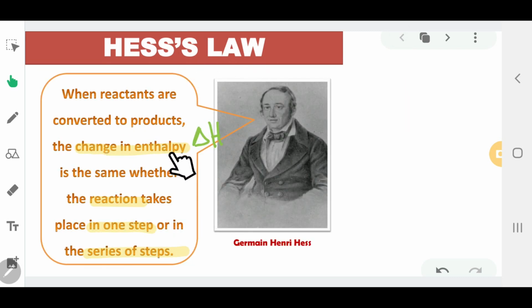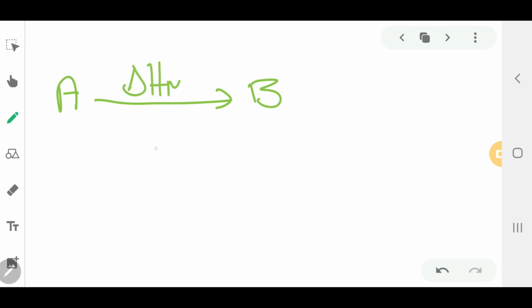The change in enthalpy will be the same whether the reaction takes place in a single step or in a series of steps. Let's have a look at another example. Let's say we have A converts into B, with delta HR.